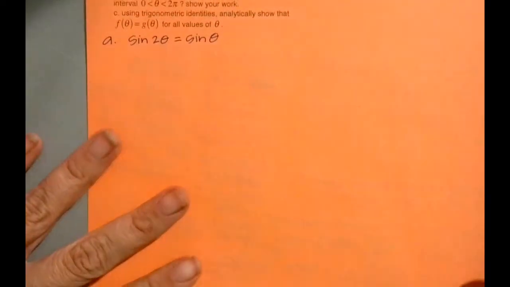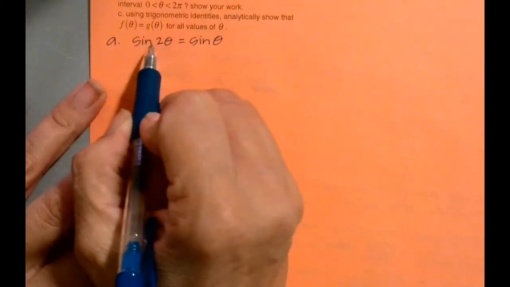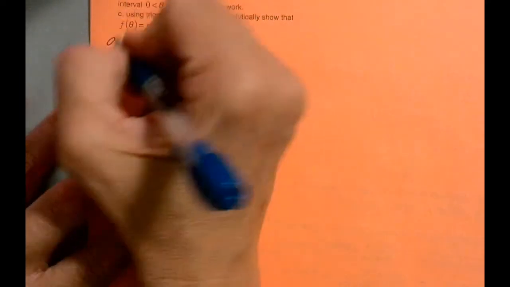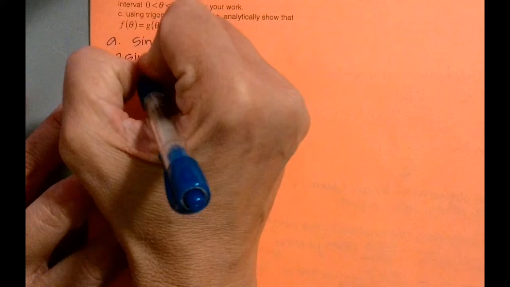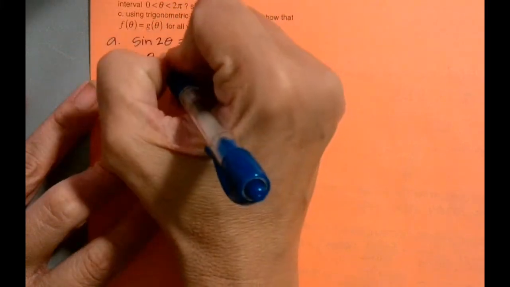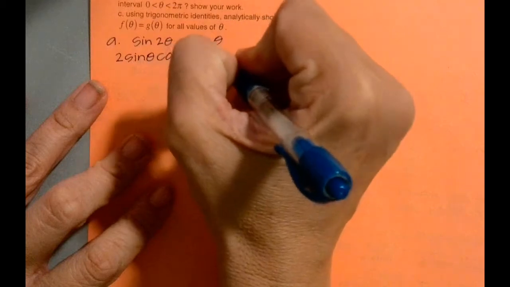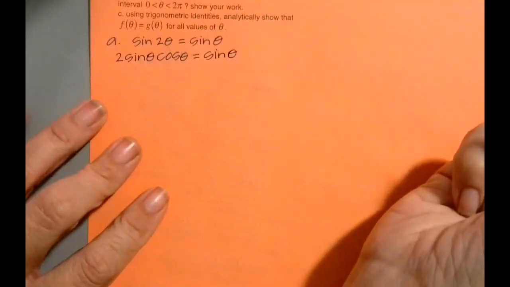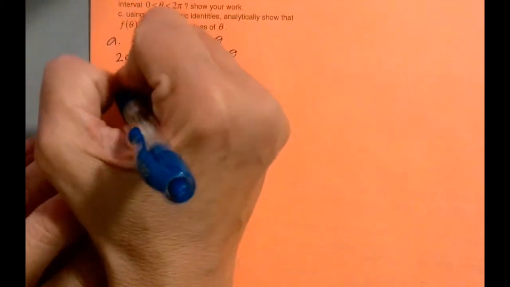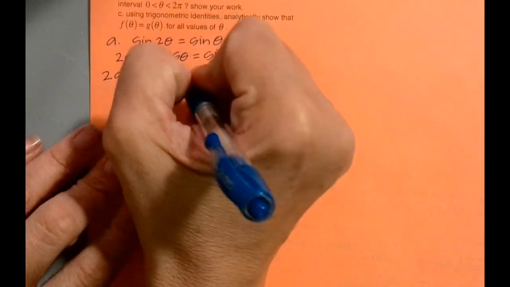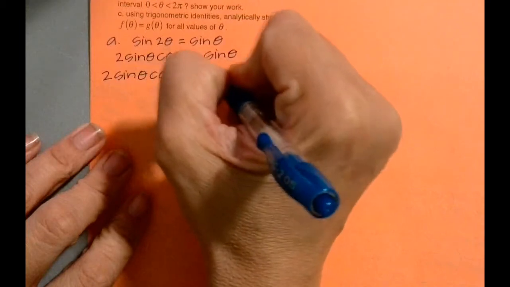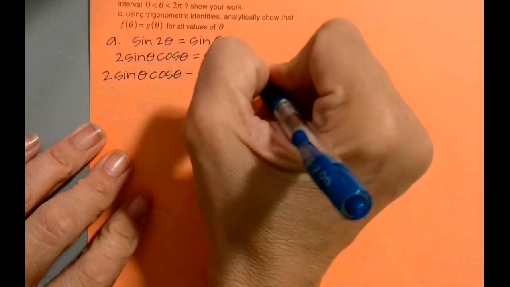So let's solve this. First of all, we have a 2 in with the angle, so we're going to use the double angle identity on our sheet to change that, to get them to be in the same terms. And then I'm going to subtract a sine theta so that I get one side equal to 0.